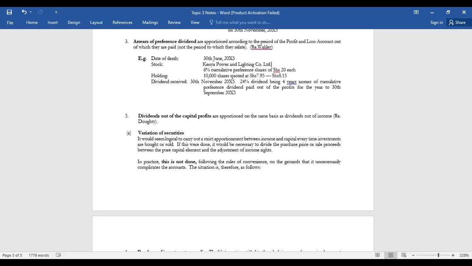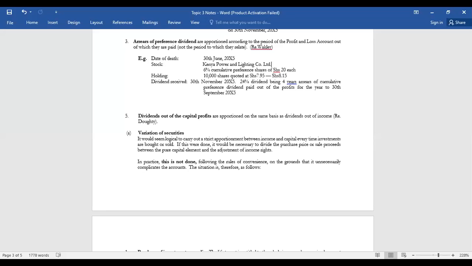For instance, here we have the date of death still 30th June. The stock is Kenya Power, 6% cumulative preference shares of 20 shillings each, and the equity held is 10,000 shares, quoted between 7.95 and 8.15.